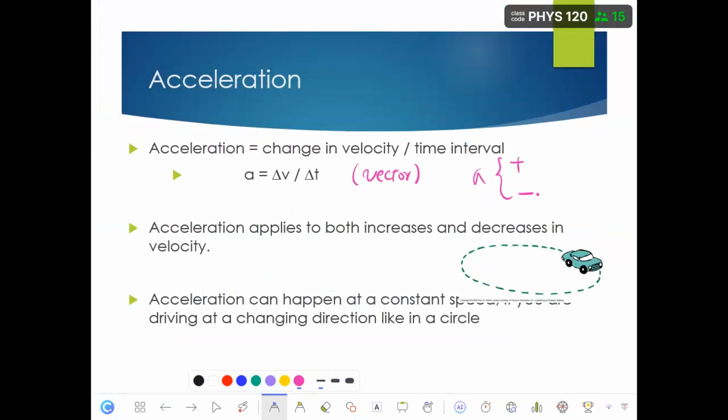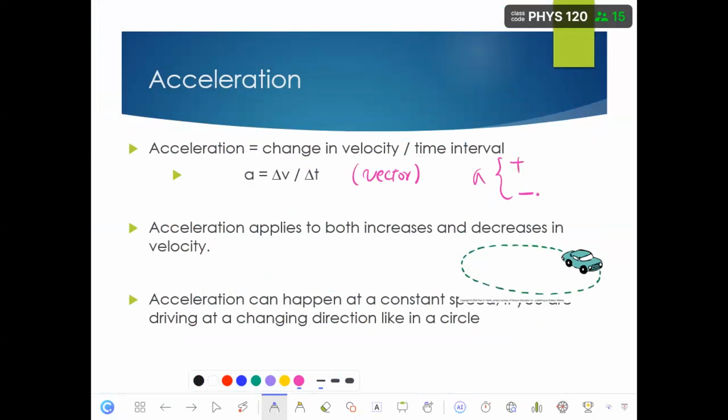So if the velocity of a moving particle doesn't change, what is the acceleration? Zero, because it's not accelerating. It's moving with a constant velocity.